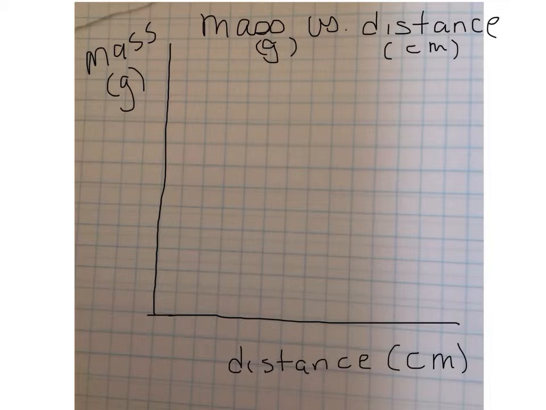We know distance is going up to 16. And I have 1, 2, 3, 4, 5, 6, 7, 8, 9, 10, 11, 12, 13, 13 spots. When you are doing graphs on graph paper or in your lab book, you want to use at least half the page.